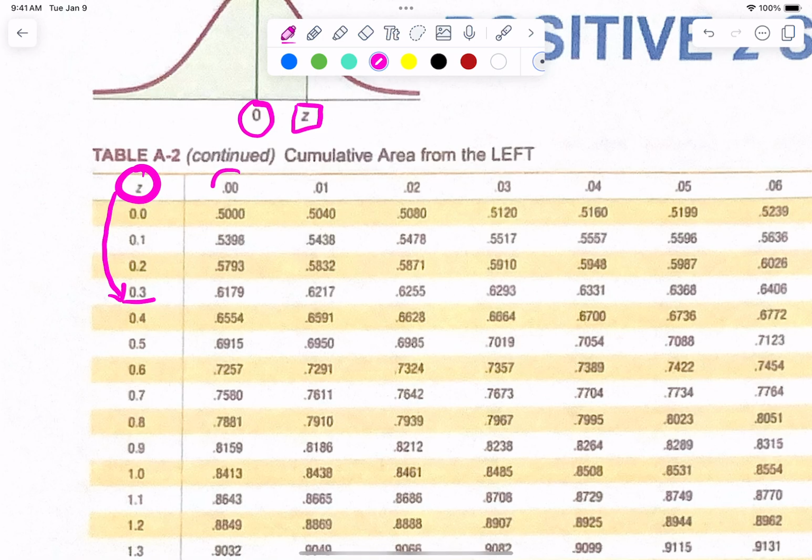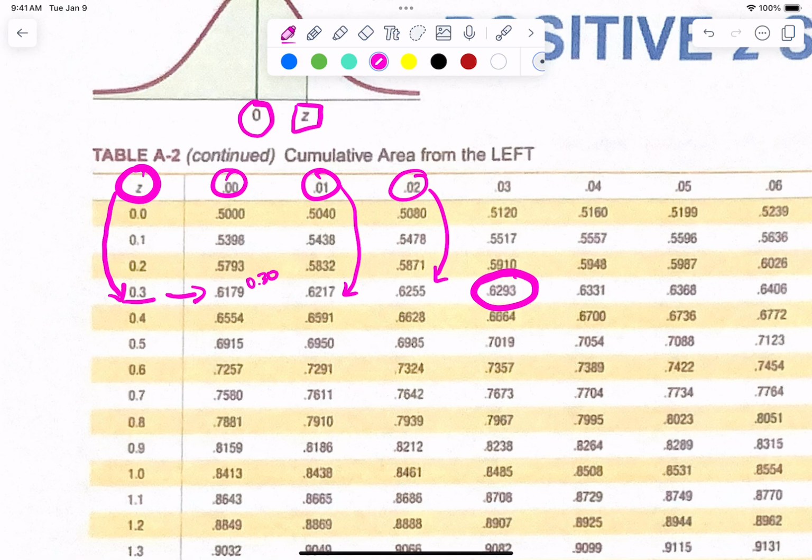So like this guy, if I would go over to this column, this would be 0.30. This guy would be 0.31. This guy is 0.32. Do you see how this chart works? This guy is 0.33, which is the number that I want. So the row gives me the first decimal place. The column gives me the second decimal place. So 0.33 is 0.6293. Do you see where I got that number?